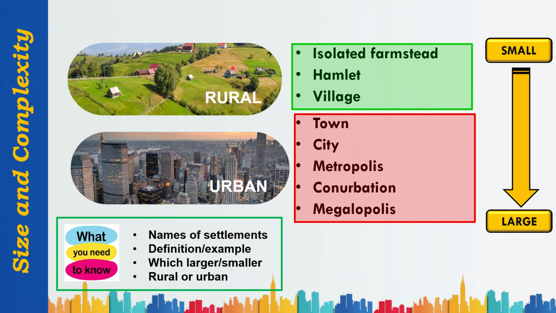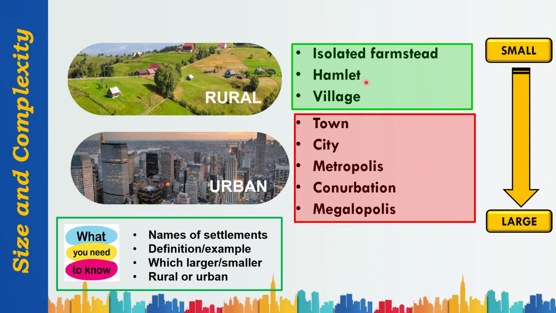We said a farmstead is a single farm, which has a main building and can also have some outbuildings for laborers and even some sheds. But since here it's a group of farmsteads, we call it a hamlet. That's a hamlet, a small group of farmsteads.